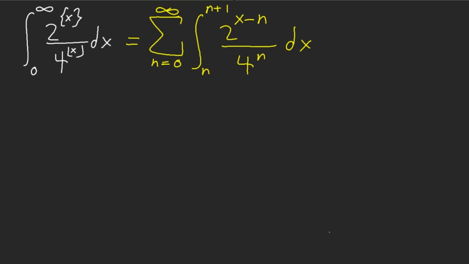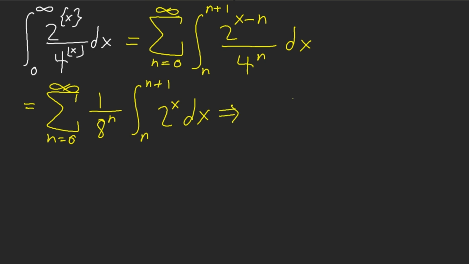Okay. Interesting. We can actually simplify this a lot further. n equal to 0. Here, this 2 to the power of negative n can be combined, so we have 1 over 8 to the n. And then all I have to do is integrate 2 to the x.